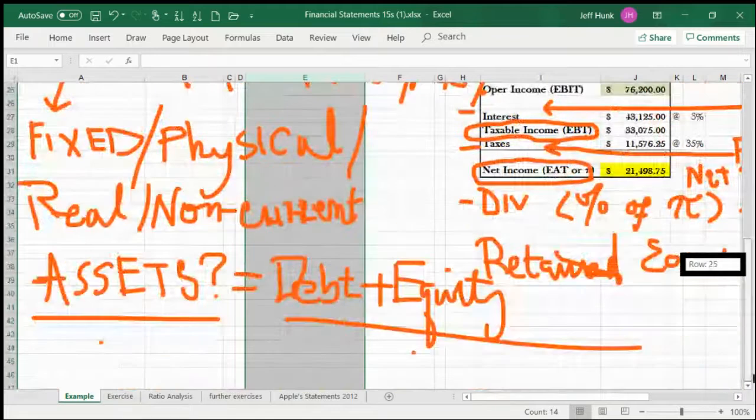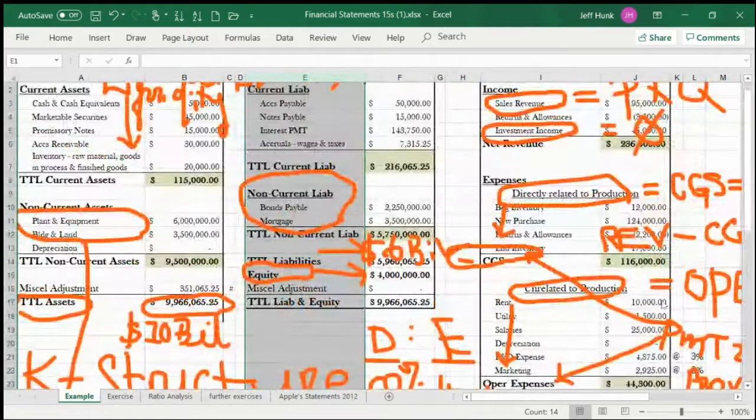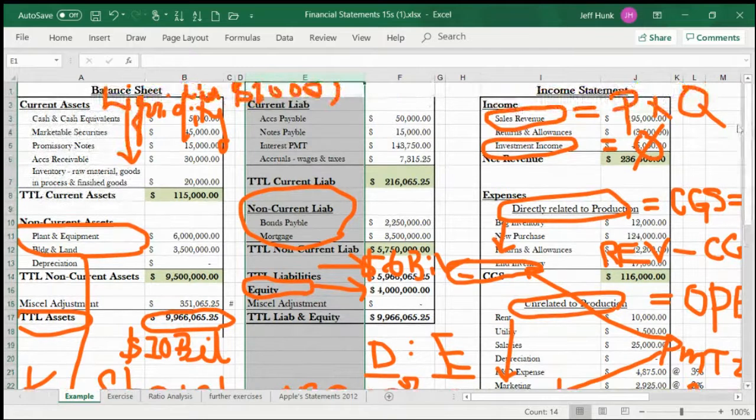Now, that's the book value of the asset, and the market value of the assets is a different thing. Market value, by definition, is determined by demand and supply.